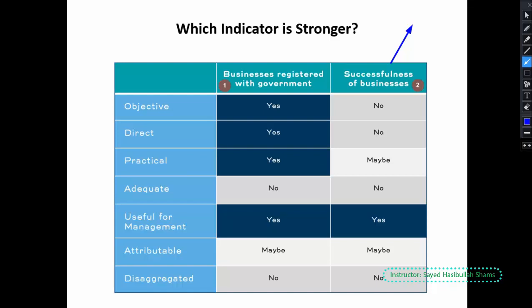So this is probability. Maybe it will be a very attributable indicator or not. So we select maybe for both indicators. And disaggregated, we cannot separate these indicators by gender, for example, or by anything else.